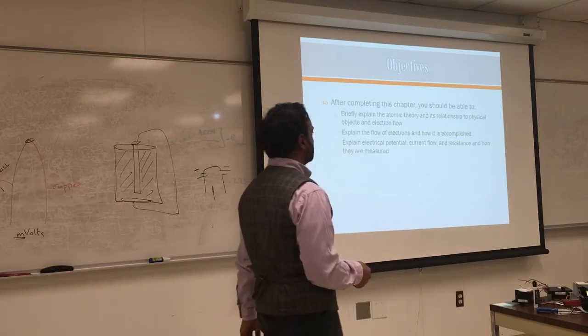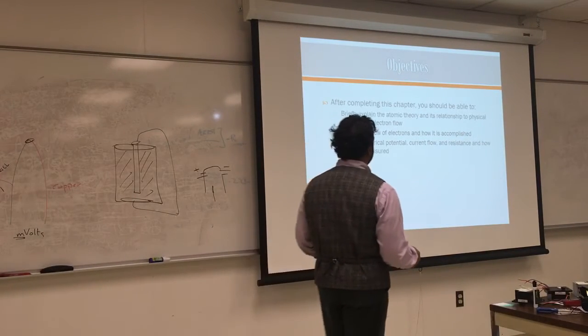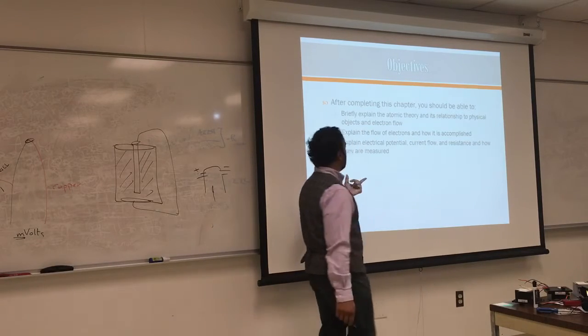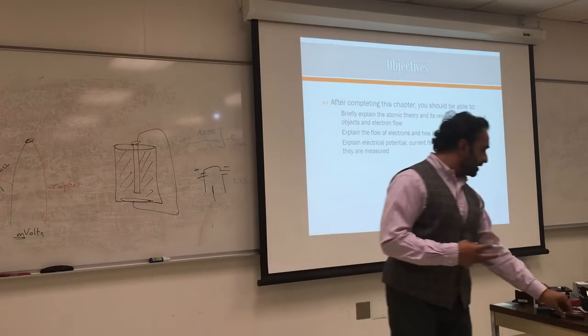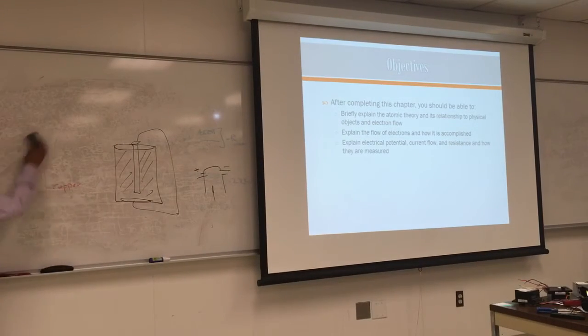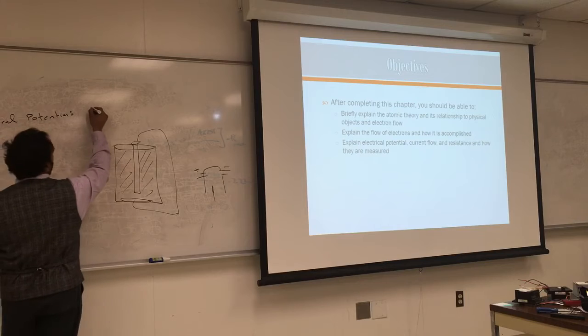The flow of electrons, and how is it accomplished? Explain the electrical potential, current flow, and resistance, and how they are measured. Those three things are going to be with us till the end of this. It's all on the slide, you don't have to write anything. Electrical potential, also known as volts.